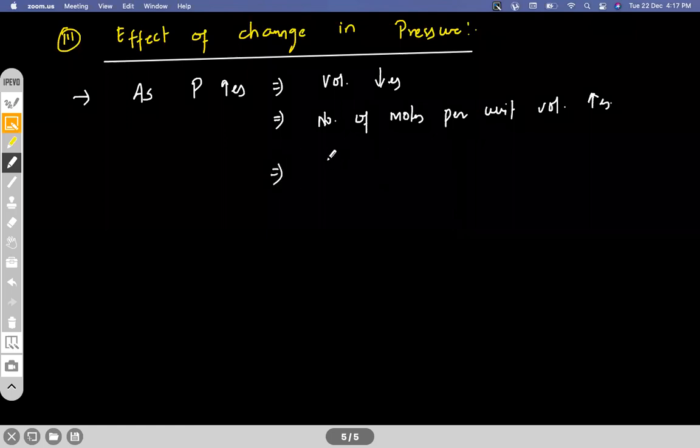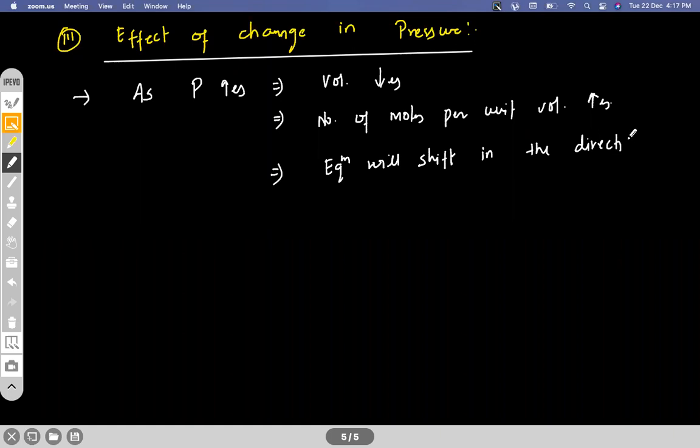So the equilibrium will shift in the direction where there is a lesser number of moles. So with increase in pressure, the equilibrium will go towards the lesser number of moles.